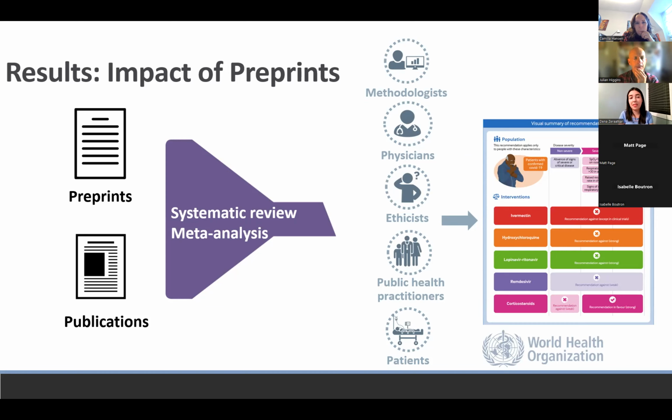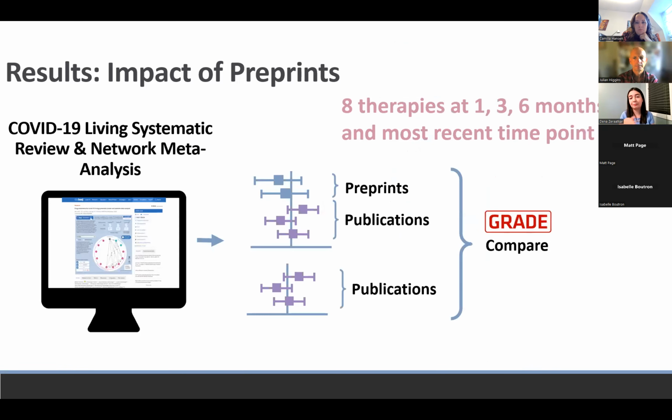So a panel of methodologists, physicians, ethicists, public health practitioners, and patients with lived experience of COVID reviewed the evidence, considered benefits and harms and other factors like feasibility, acceptability, and equity in order to generate recommendations. We wanted to understand how preprints have contributed to clinical practice guideline recommendations and whether recommendations may have been different if evidence from preprints weren't considered.